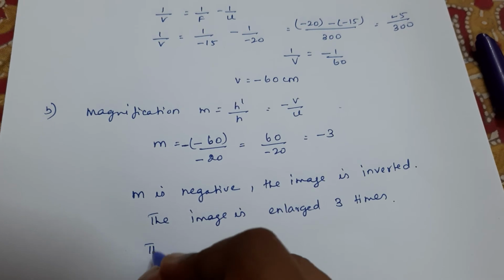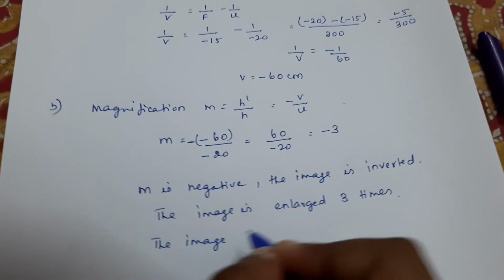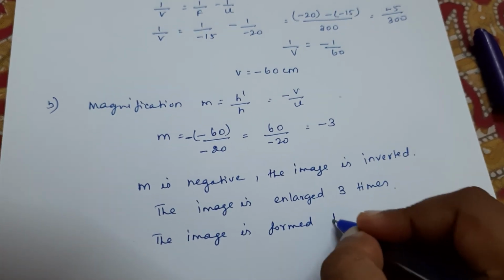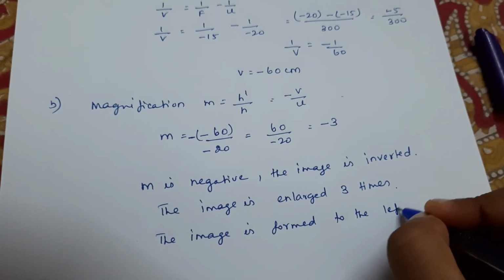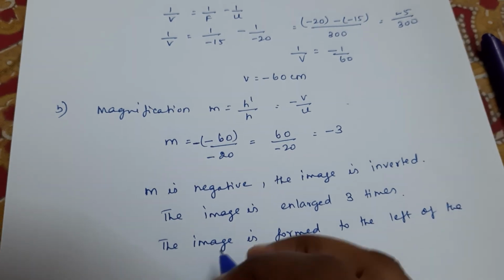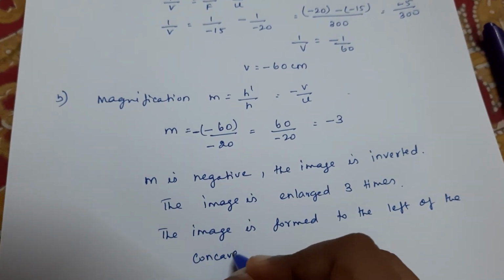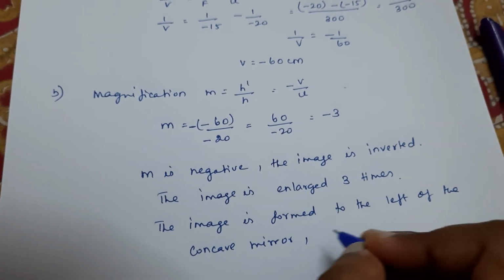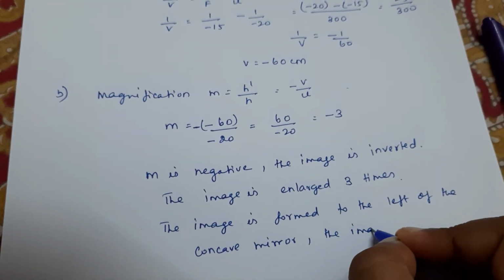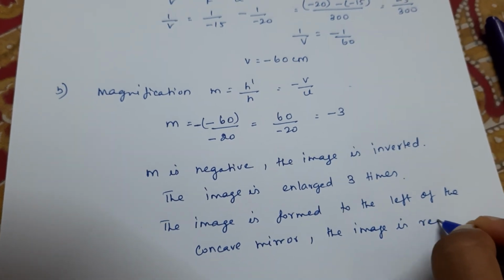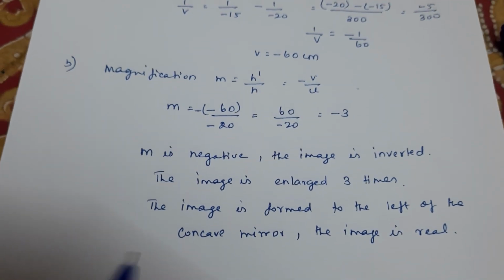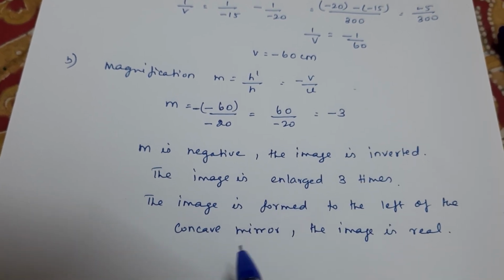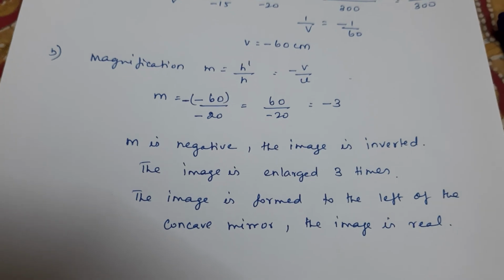The image is formed to the left of the concave mirror, because we have a minus value. So we can write the image is real. So we have got the nature of the image. The image is an inverted image. It is enlarged 3 times and it is a real image.